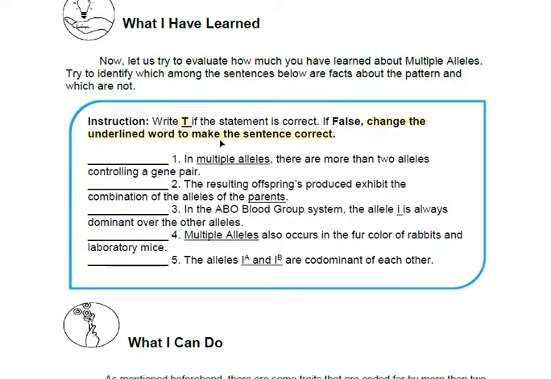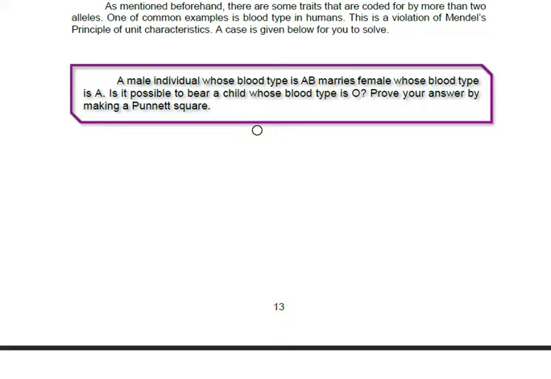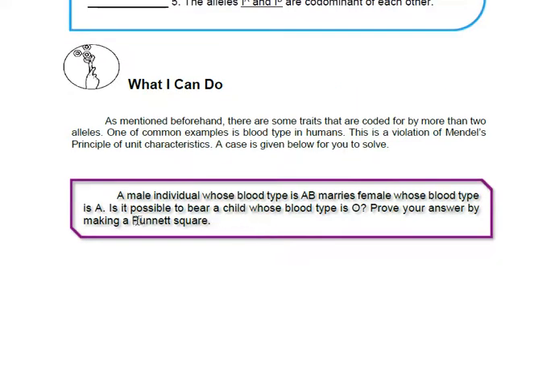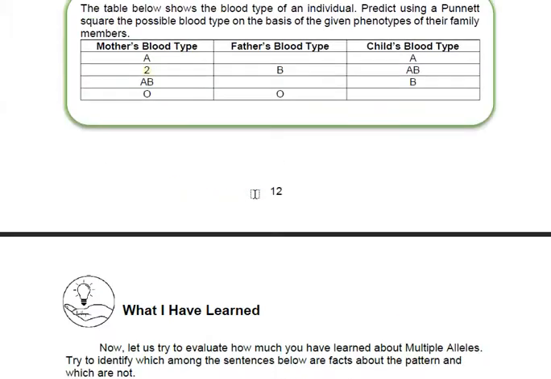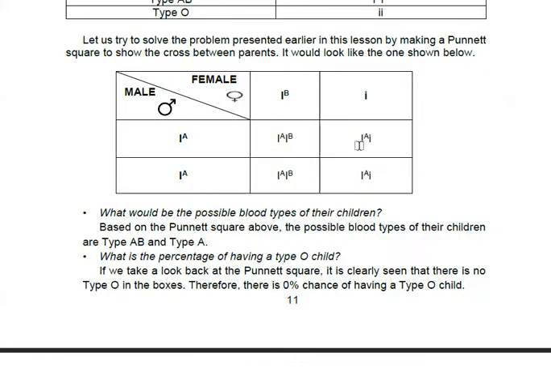And moving forward, you go on and read the summary on page... you also have to answer this one. So, this one is what I can do. The same thing, you make a Punnett square here. So, pag answer ani, magawa siya og ing ani.